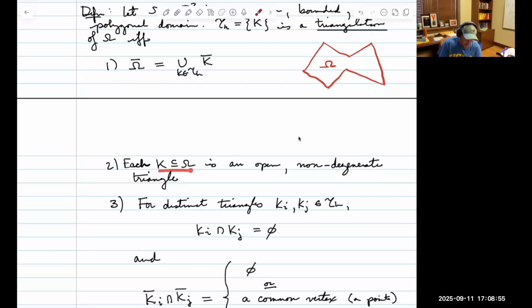So each element in that collection has to be a subset of omega. It could be all of omega, by the way. If I start off with omega being a triangle, then that's fine. But each K has to be an open, non-degenerate triangle. What does non-degenerate mean? A degenerate triangle is one where you basically have no area in the middle. If I push down on this vertex and squash it so that there's no area in that triangle, that's called a degenerate triangle. So I want all my triangles to have some positive area in the interior.